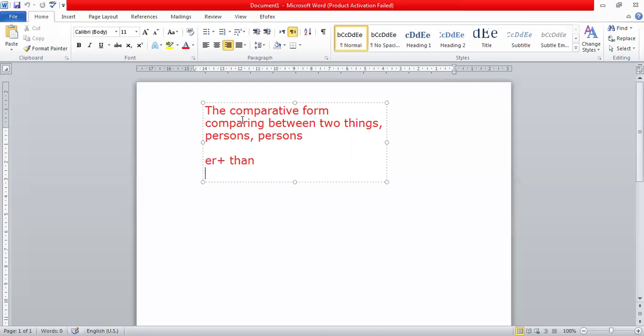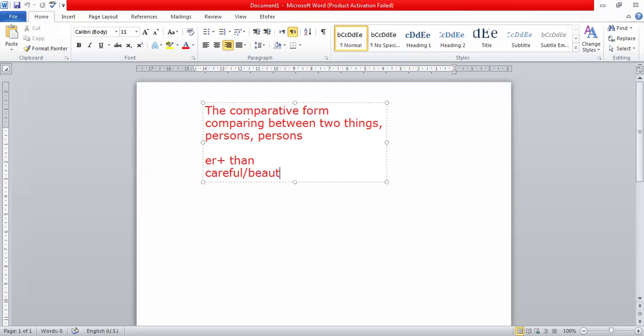The adjectives that have two syllables, like what? Like careful, like beautiful.